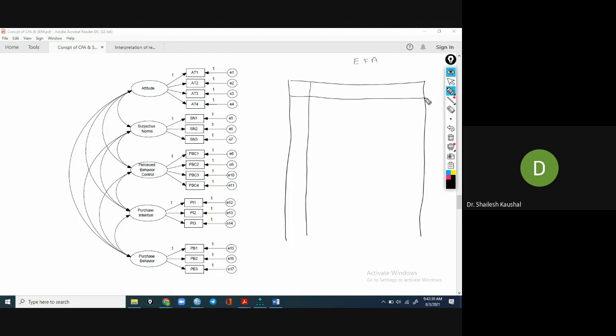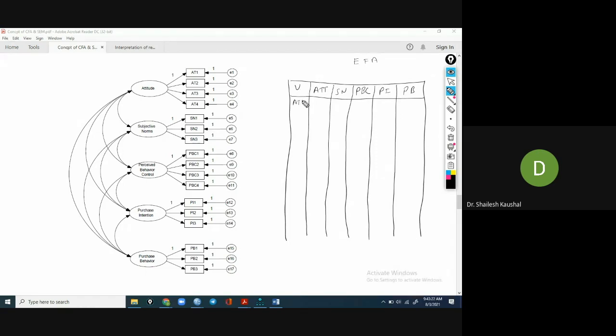These are the questions, and in this factor matrix there are 5 components: attitude, subjective norm, perceived behavioral control, purchase intention, and purchase behavior. V means variables, and these are the questions.